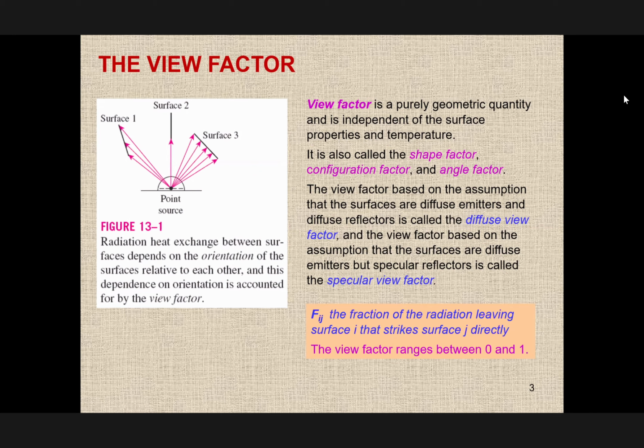Now, what we defined, as I mentioned, is a fraction, a percentage. The shape factor from surface I to J is the fraction of radiation leaving surface I that reaches surface J. For example, if I call this one P, there is the shape factor of P to 3, P to 2, and P to 1.